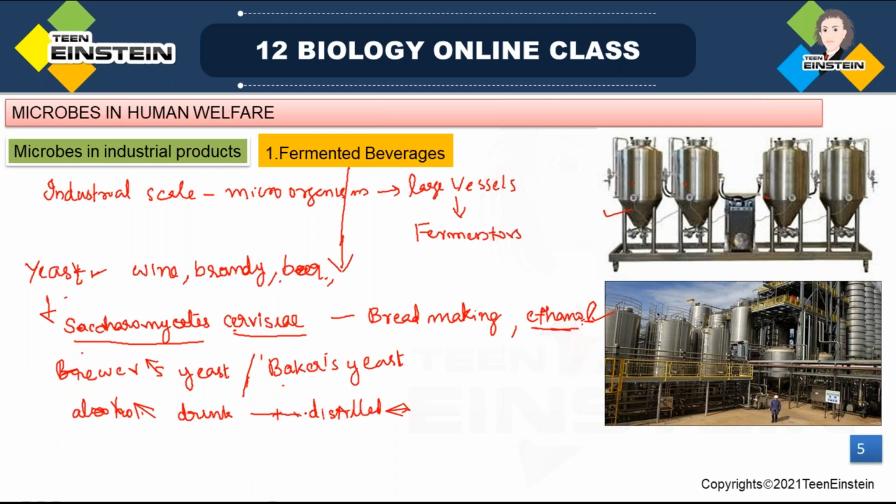Here, two types are there. First one is distilled, and the other is without distillation. Without distillation is wine and beer.